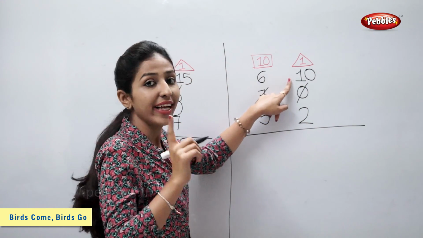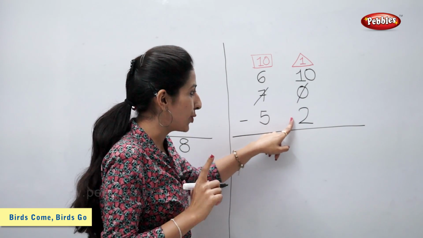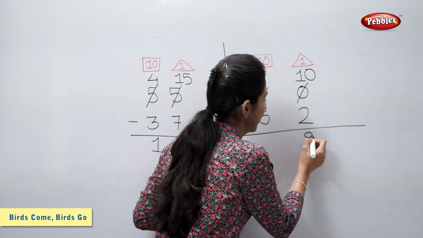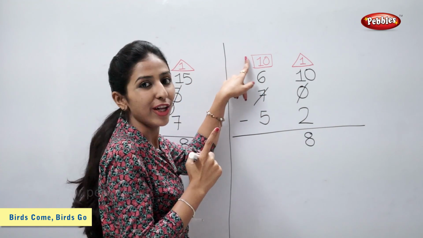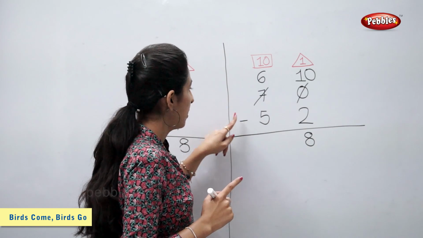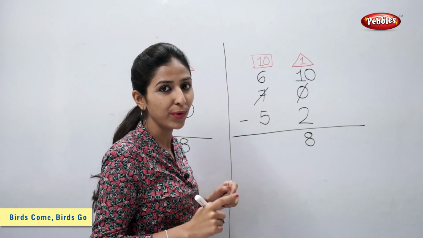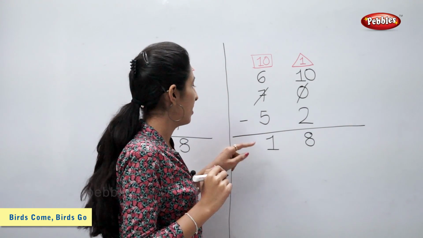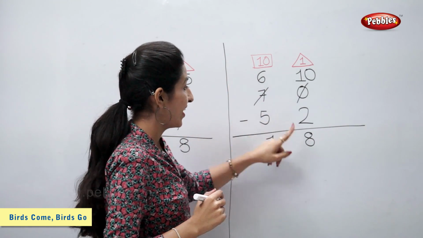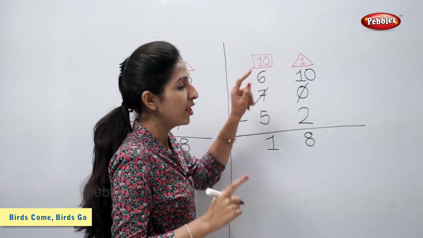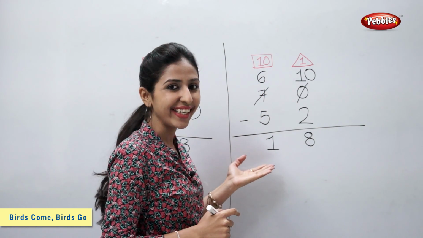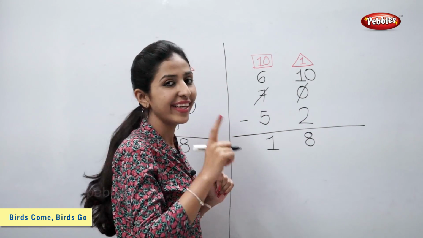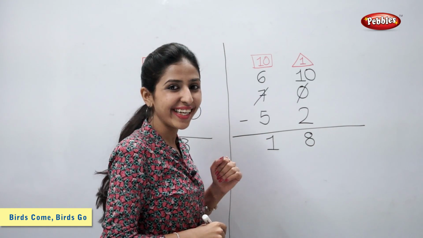Now, 10 minus 2 is equal to 8. Tens column. 6 minus 5 is equal to 1. Now we have 1 tens, 8 ones. So the number is 18. 70 minus 52 is equal to 18.